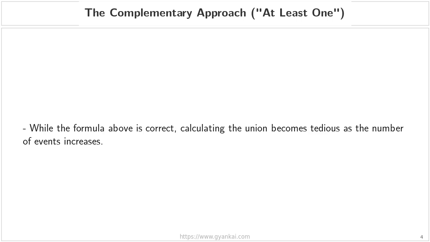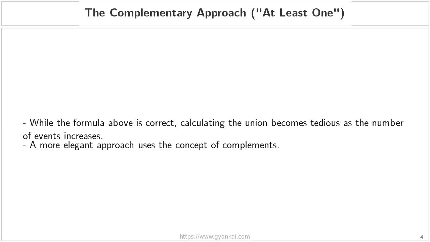Now you might be thinking, the formula we just looked at on the previous slide works perfectly fine, so why do we need another one? Well, while that formula is mathematically correct, it becomes incredibly tedious and messy as you add more events. Imagine trying to calculate the union of 5 or 10 different events using that method. It would be a nightmare.